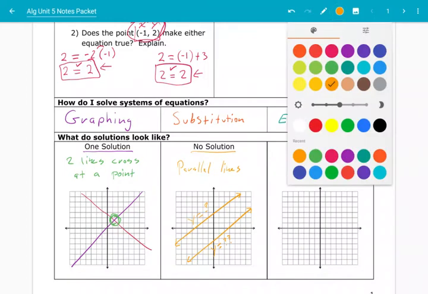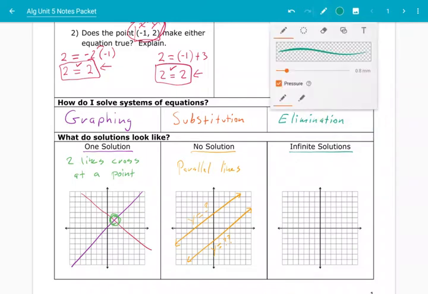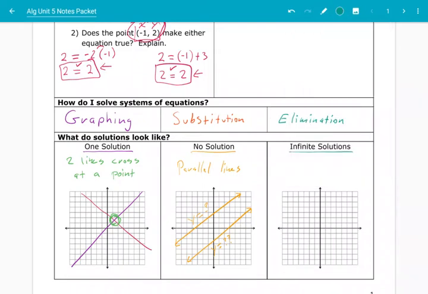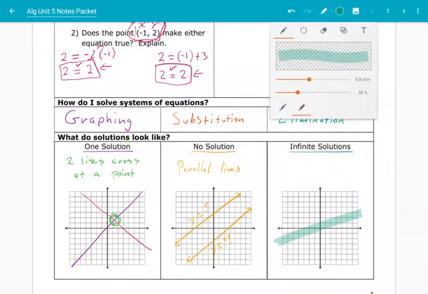Okay? And then the last one, infinite solutions. We can have infinite solutions, and that just means that I basically have one line. It's the same line.